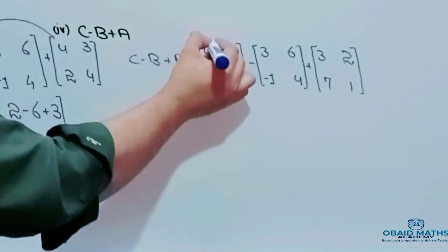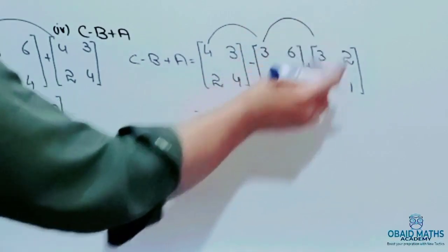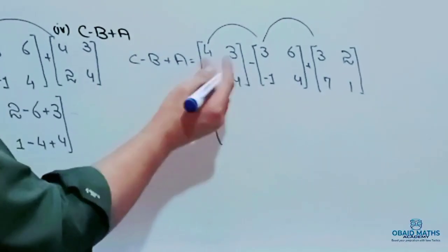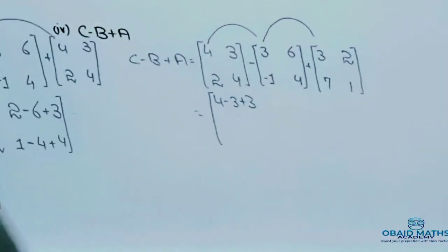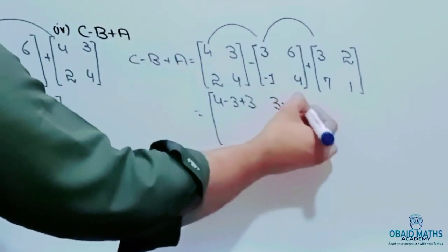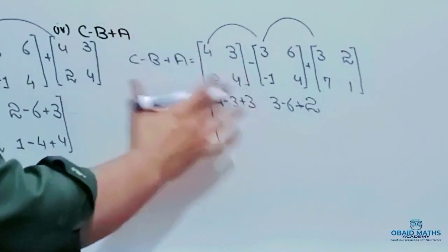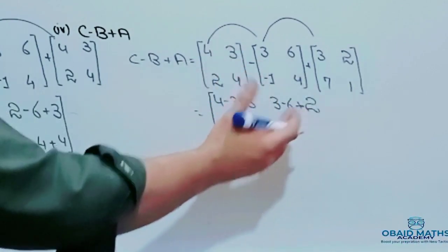Same as before, 4 is going to be subtracted from 3, and the remaining answer will be added with the positive 3. So the solution will be like 4 minus 3 plus 3, 3 minus 6, and plus 2. Make sure, class, you follow the places of the numbers to get the perfect answer.